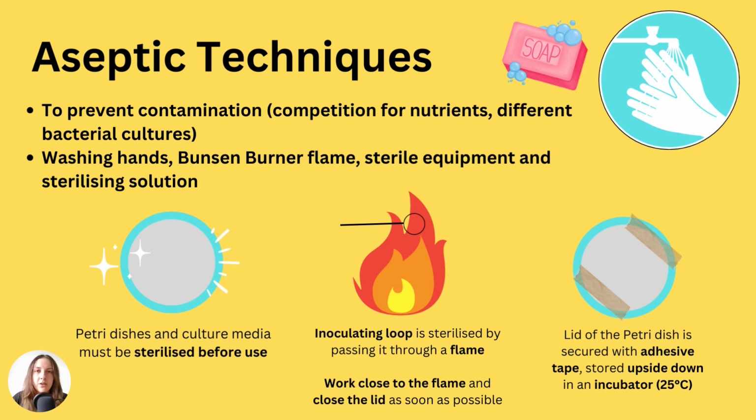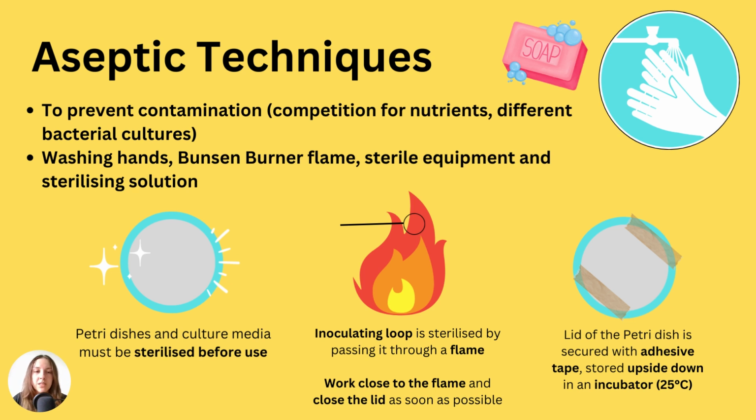Also, we want to sterilize any equipment with the Bunsen burner flame, and this equipment is often made of metal, so we can pass the metal through the flame quite nicely. And we also want to use any sort of sterilizing solution, whether that's a Virkon or any other kind of chemical.